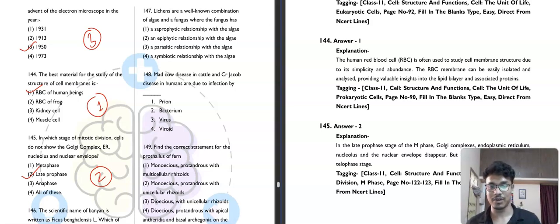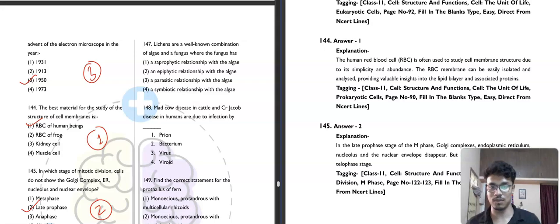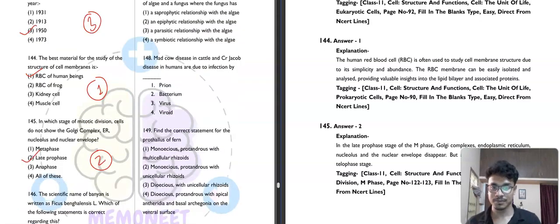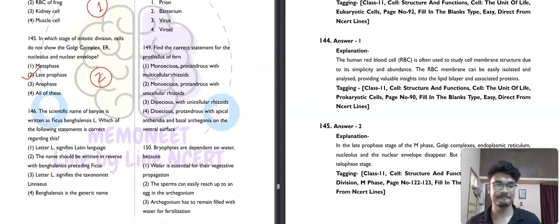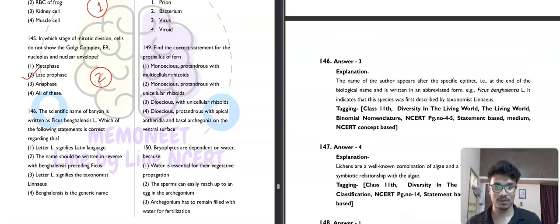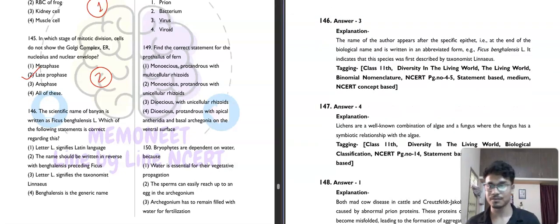Then question number 146. It is saying that the scientific name of banyan is written as Ficus bengalensis L. Which of the following statements is correct regarding this?